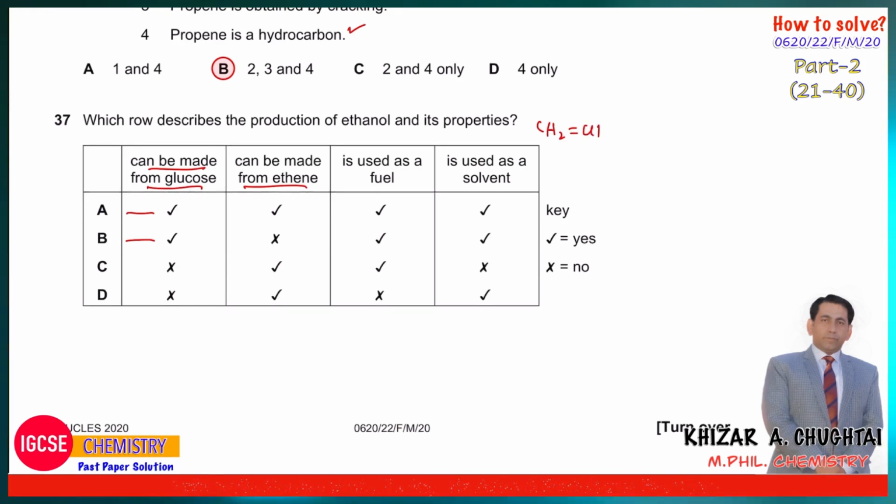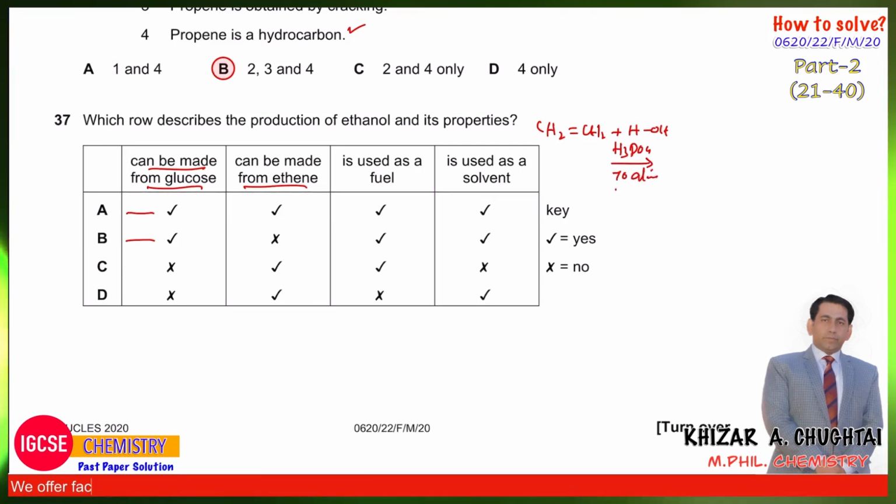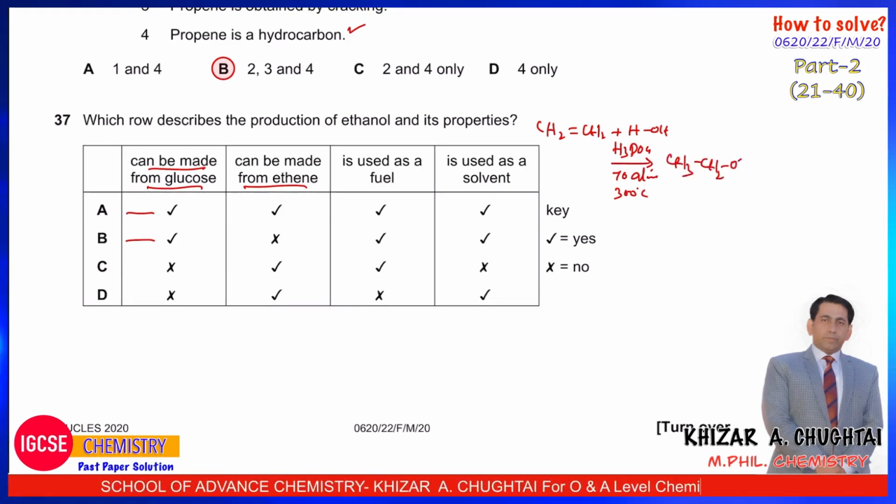CH2=CH2 plus H2O, steam, in the presence of H3PO4 at 70 atm pressure and almost 300 degrees Celsius, we can get CH3CH2OH.